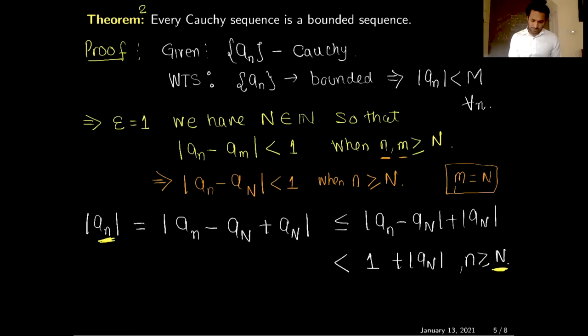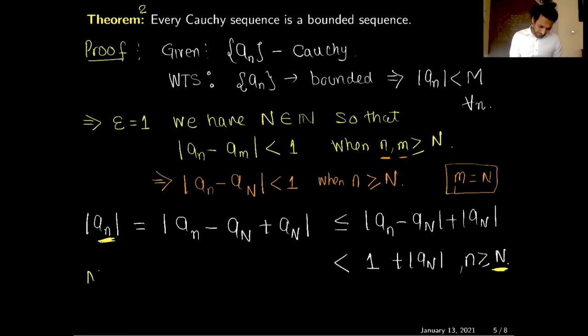And we know that if n is less than or equal to capital N, there are a finite number of a_n terms. Since every finite set of real numbers is bounded, we can bound all of those terms.